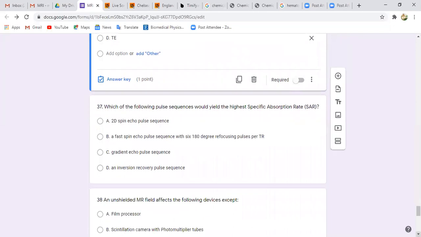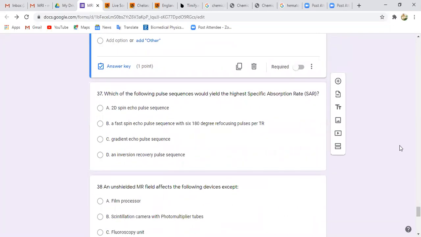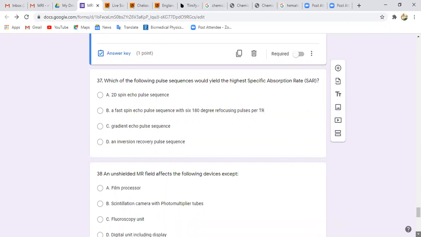Which of the following will yield the highest SAR? This is also one of the safety issues we have in MRI. Though it does not use ionizing radiation, there are still some very key safety issues that must be looked into, and this is one of them, the SAR.